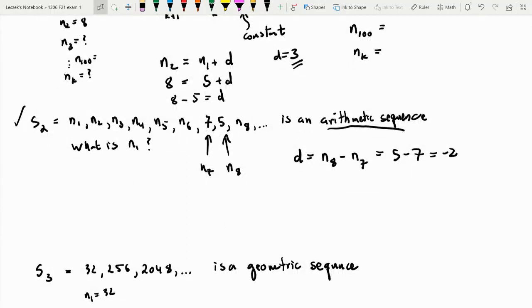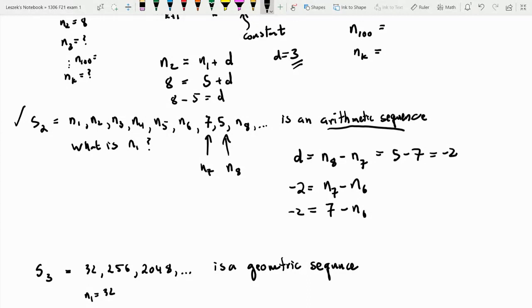So then we can, of course, work backwards, right? If we know that n7 is 7 and we know the difference is -2, then we'd simply subtract the -2 to get the preceding term.